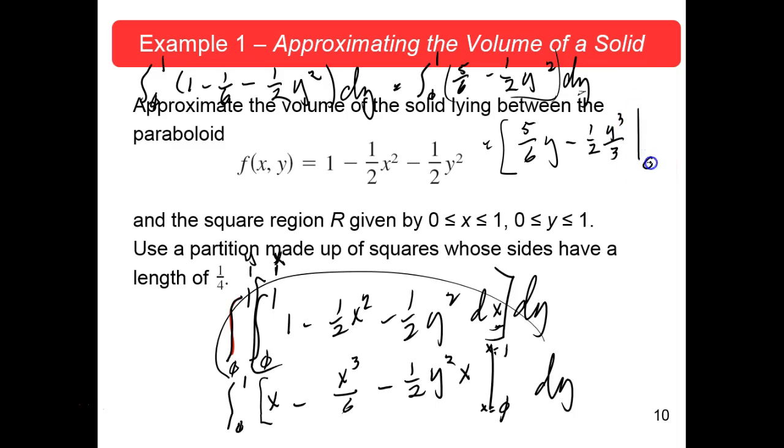Okay, and this is evaluated from 0 to 1. So this will be 5/6. And by the way, I didn't show you, but when you evaluate this one down here at 0, that's all zeros. So that's why I didn't do anything there. So you get 5/6 minus 1/6, and that gives you 2/3. So that, I think, is the volume.